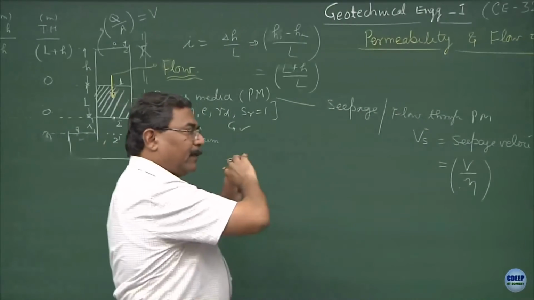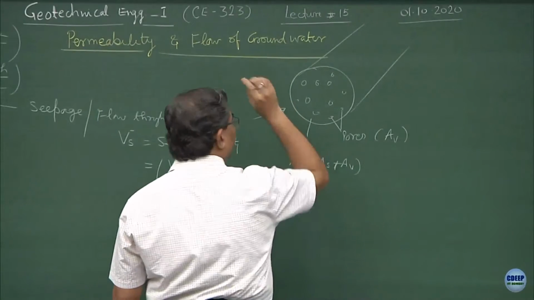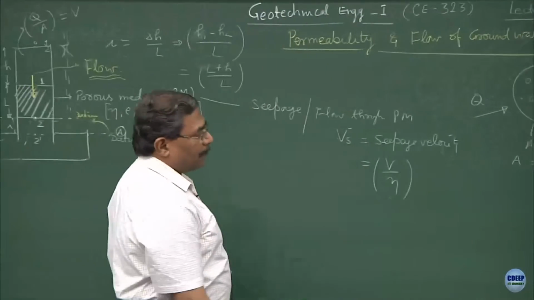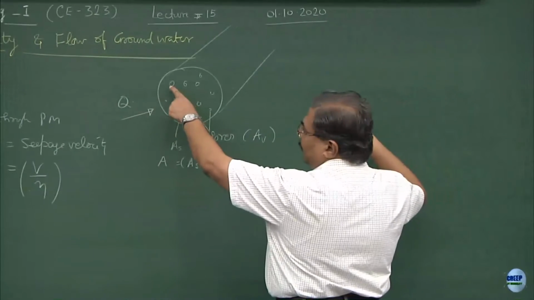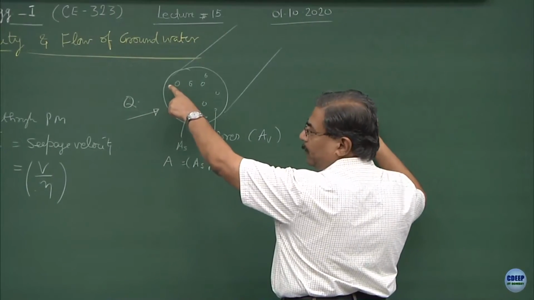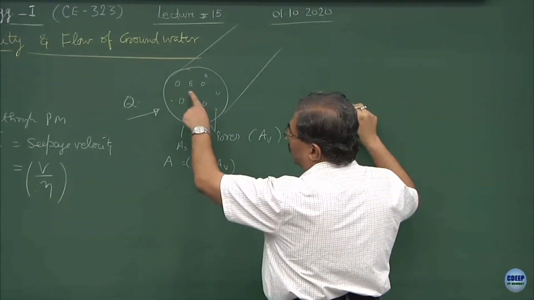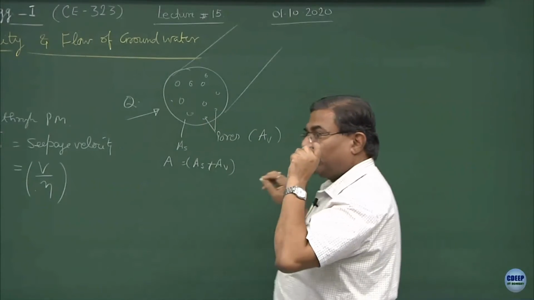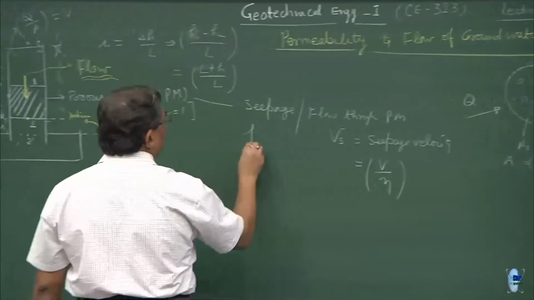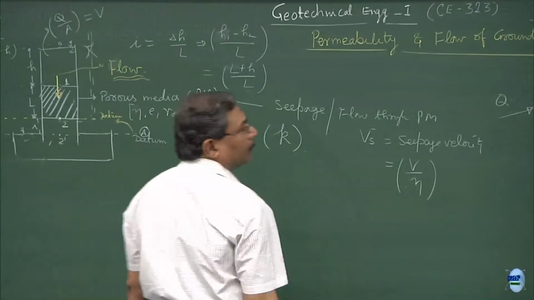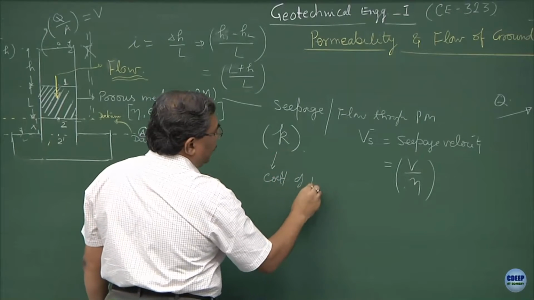Now, imagine the discharge is taking place in this direction, which is equal to Q. What is going to happen? A certain amount of water is going to enter through the pores, not the entire flux, because the solid portion is going to put a lot of resistance in the flow, and that is what we have defined as the hydraulic conductivity K, coefficient of permeability.